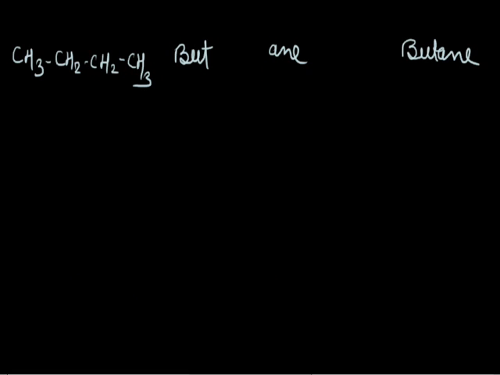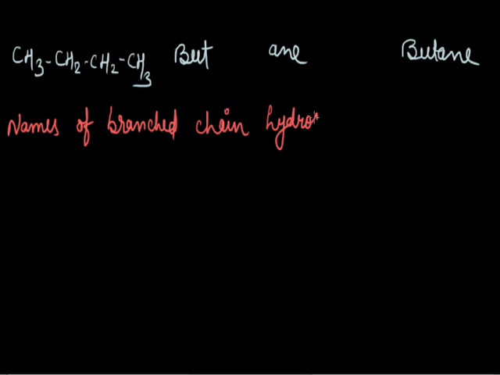Now, names of branched chain hydrocarbons. The carbon atoms in a branched chain hydrocarbon are present as side chains. These side chain carbon atoms constitute the alkyl group or alkyl radical. An alkyl group is obtained from an alkane by removal of a hydrogen.